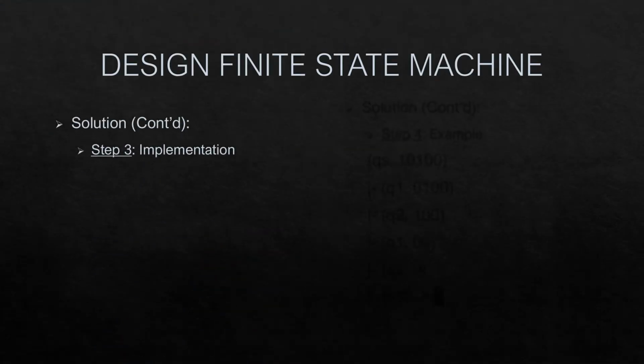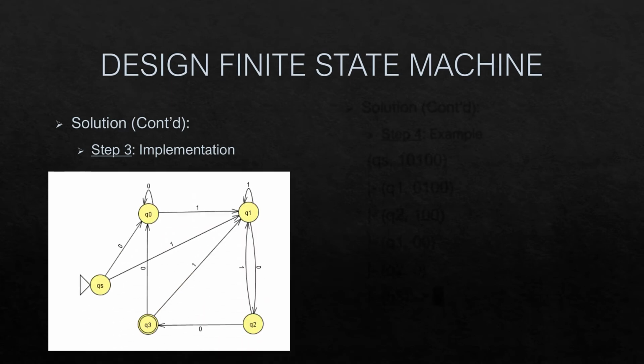Part 3 of our step 3, that is implementation: the state transition diagram. Now when we are in Qs state, we found that on getting 0 we have to go to Q0 state, and on getting 1 we have to travel to Q1 state. When we reach Q0 state, if I am getting zeros, it will stay in the same state till it gets 1 as the next input symbol.